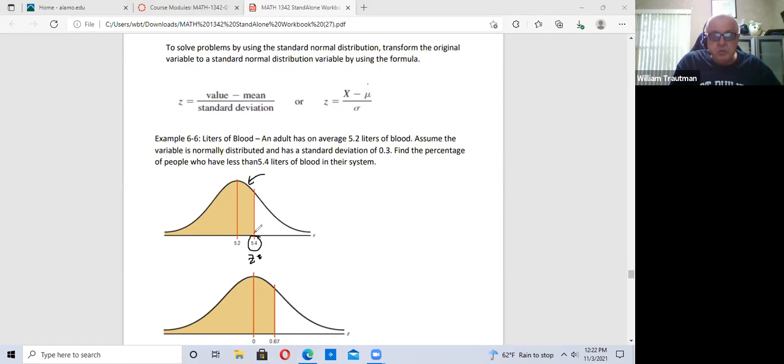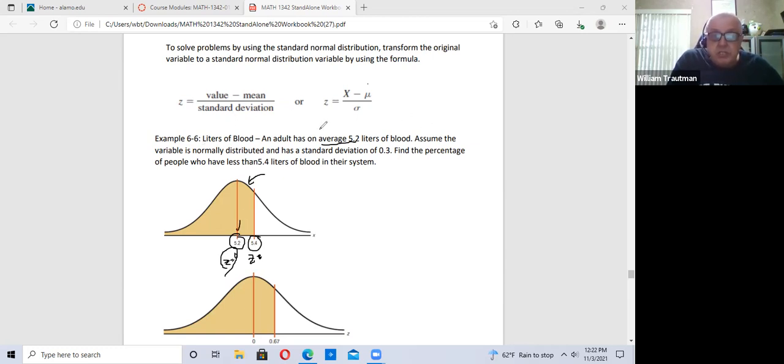Anybody know how I know? If it was a Z value, then the center would be 0. Don't forget, the center is always 0. So here it's just saying the average. The average is 5.2. An average has a Z value of 0, right? So this is not a Z value. It's just the actual average.